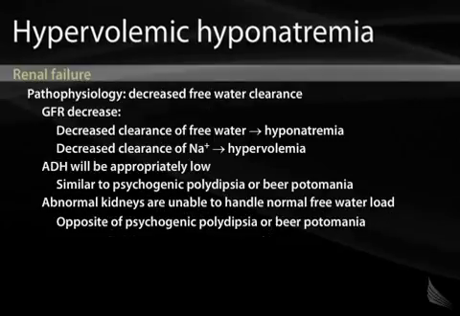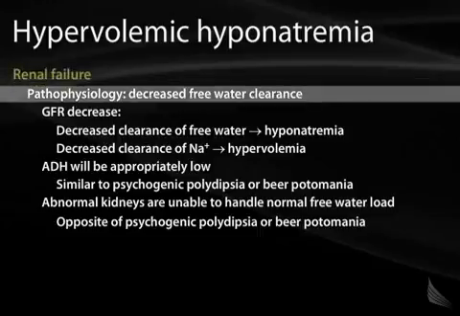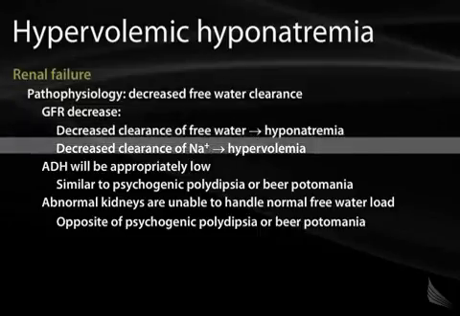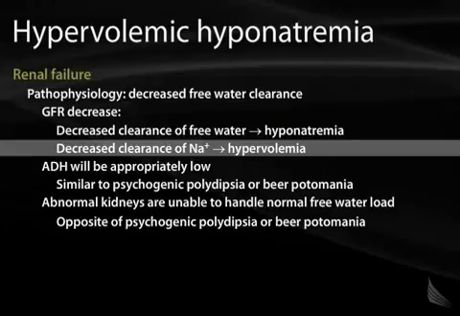Renal failure is also a manifestation of hypervolemic hyponatremia, simply because of decreased free water clearance. As there are less functional nephrons available, there will be decreased clearance of free water. The end result is hyponatremia. There is also decreased clearance of sodium, which leads to hypervolemia.